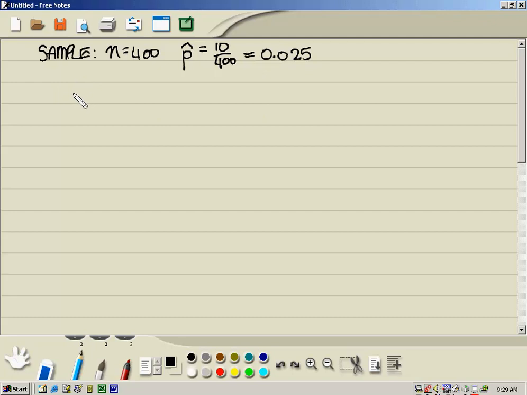Alright, so is the work satisfactory? Is the question. In this case, satisfactory means that the true error rate has to be less than or equal to 2%. So this is a one-tail test.